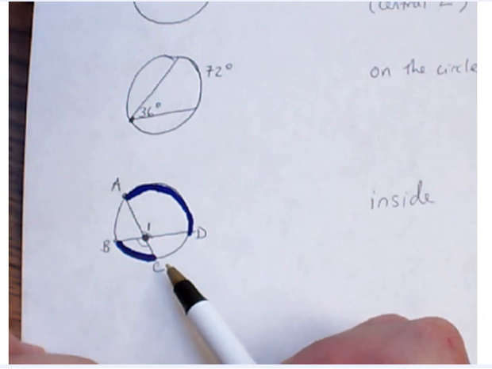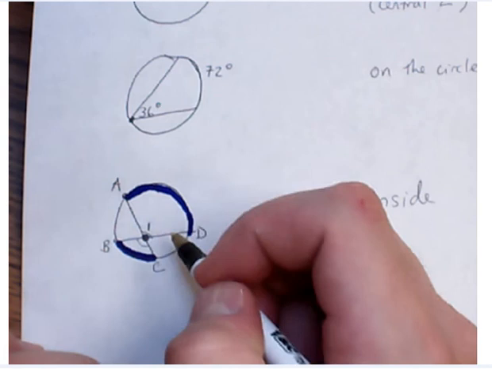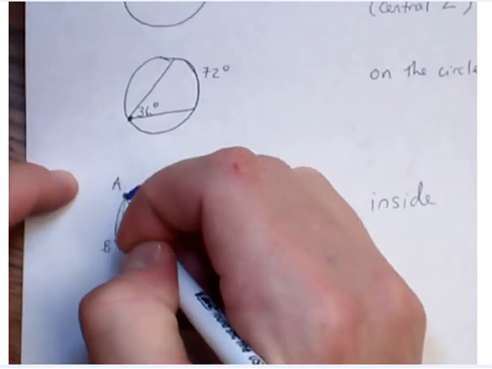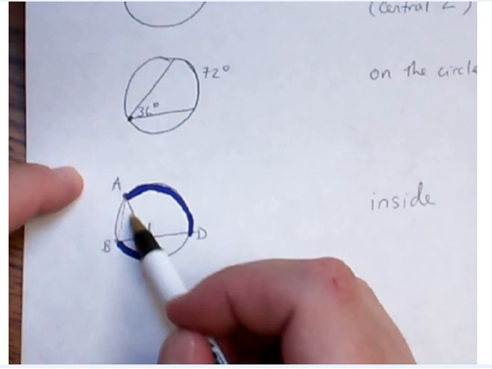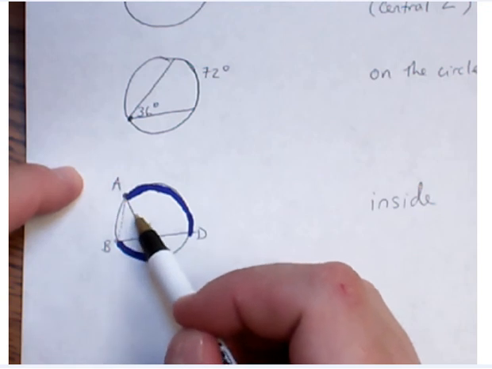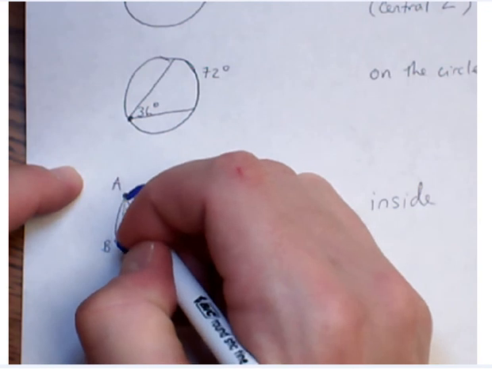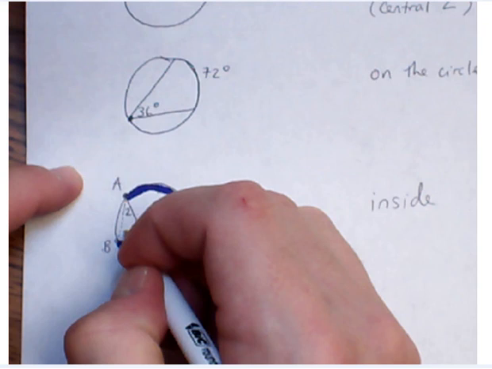So how are we going to do this? Let's draw a chord from A to B. We're going to connect this right there. Now what that does is that creates a triangle. And you have angle A and you have angle B. Let's number angle A with a 2, that's angle 2, and angle B with a 3.